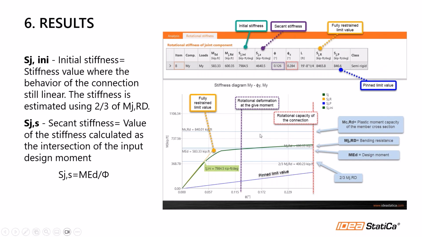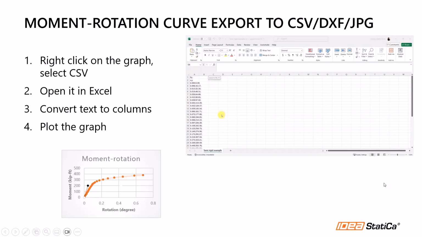Now, what you can do with this graph is right-click over this screen and send it to an Excel file or a file with extension CSV, right? Then you can open that in Excel, or you can save this graph as a picture, and then obviously you can take these values to wherever you need them.